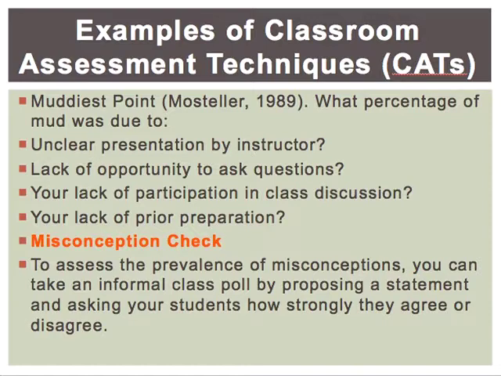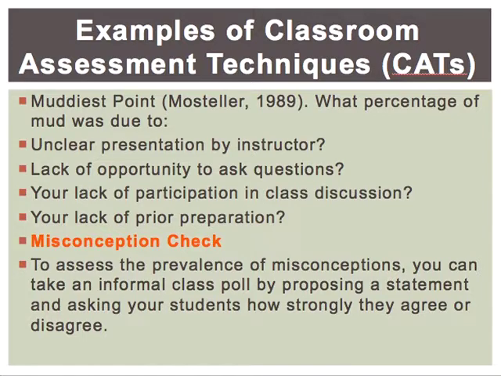So to check misconceptions, the teacher can ask a question, and then ask the students whether they agree or disagree with this statement. Then the teacher can know if the students have some misconception, the teacher can clarify the point, and in that way the teacher can assess the students' misconceptions.